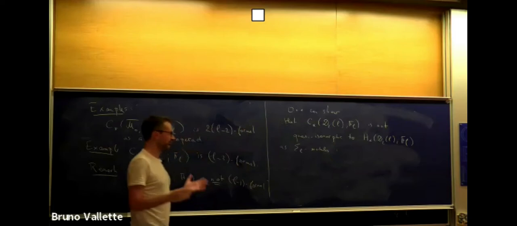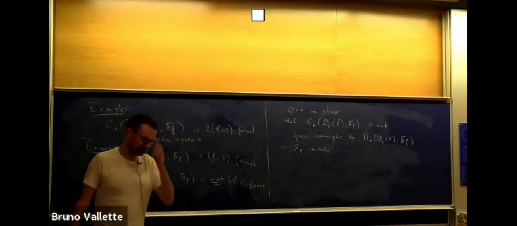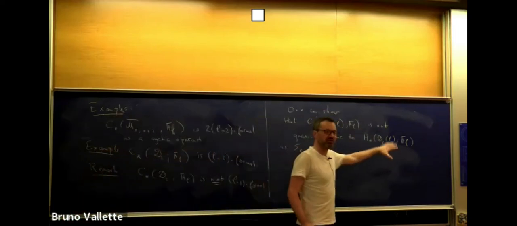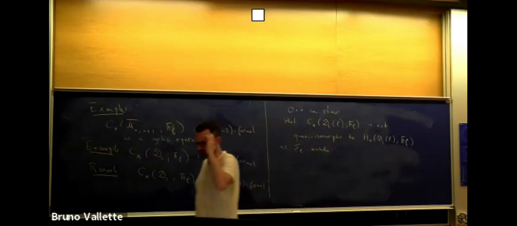Of course, a chain complex over a field and its homology are always quasi-isomorphic. But if I take into account the sigma L actions, these two things are not quasi-isomorphic.